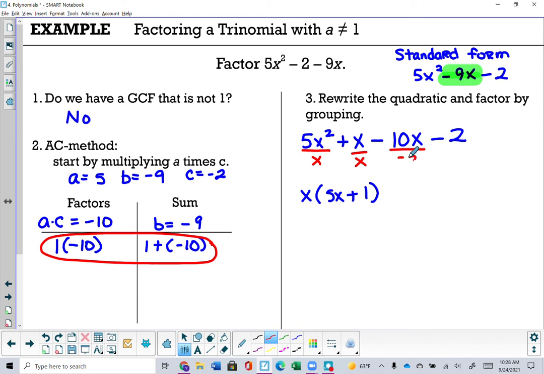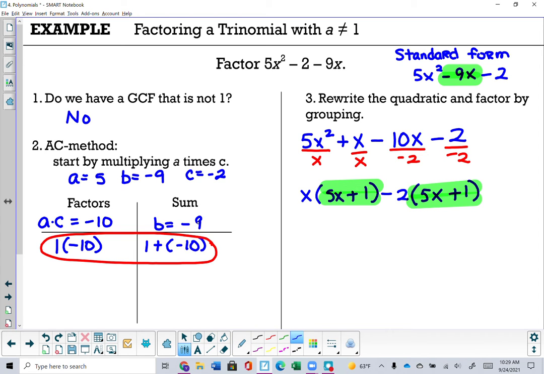So I'm going to try -2. If I do that, I get minus 2 parentheses. Negative 10x divided by -2 is positive 5x. And then -2 divided by -2, so we get plus 1. That's exactly what we needed.